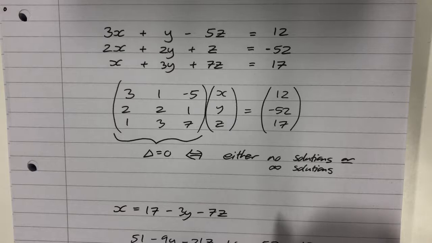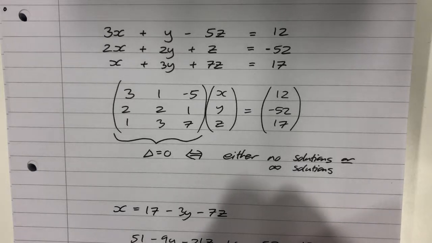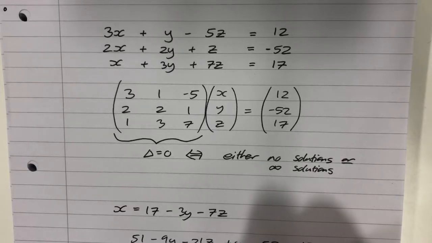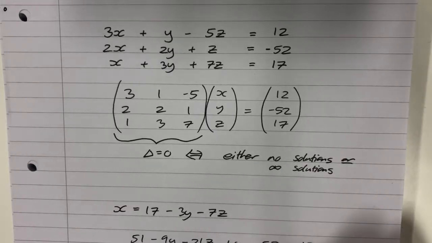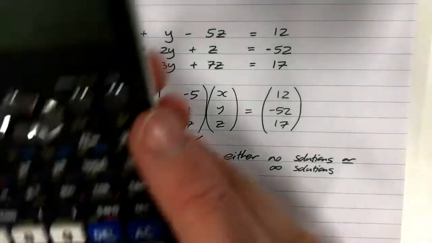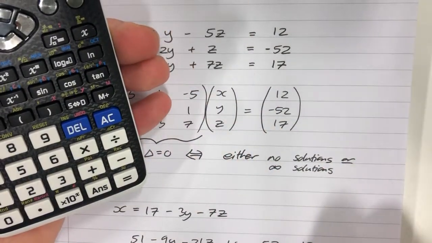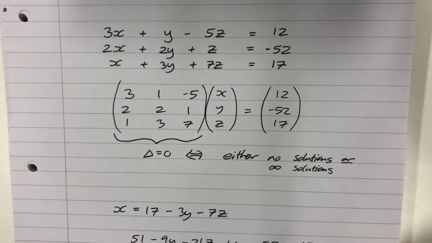Simplify that a little bit. I get minus 8y, I'm going to say 8y, minus 21z minus 5z is minus 26z, so it's plus 26z, and that's going to equal 12 minus 51, but then I'm minusing that, so that's going to equal 39. So there's one equation in y and z.